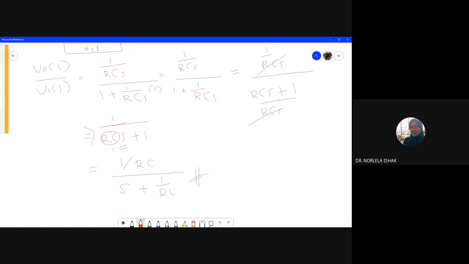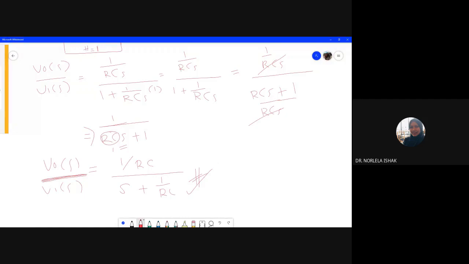Okay, this is the equation we want to define. This is the transfer function we want to define. VO over VI, meaning output voltage over input voltage, equals 1 over RC over S plus 1 over RC.